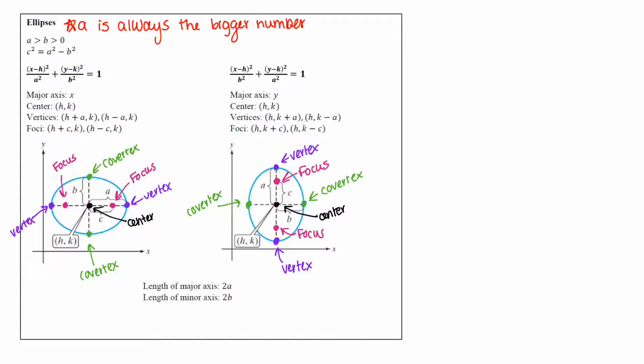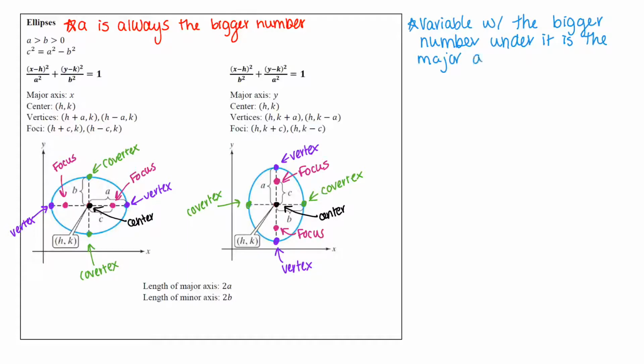So why don't I make a few notes over here. So the variable with the bigger number under it is the major axis.